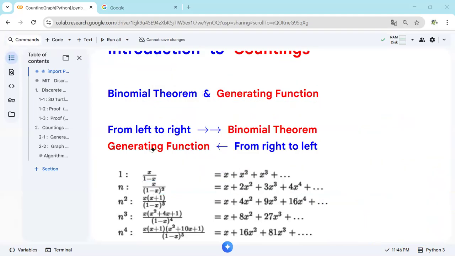From this function, you can have this kind of series summation, power series, and then power series can be described as a sequence of the coefficient. So in fact, this is the x coordinate, and this is the number code.